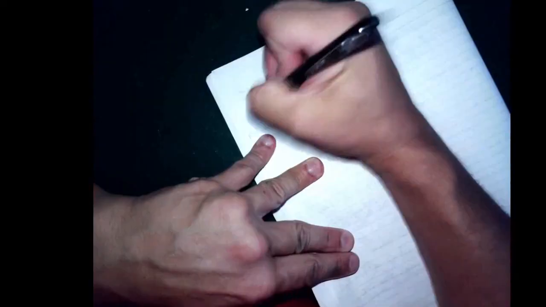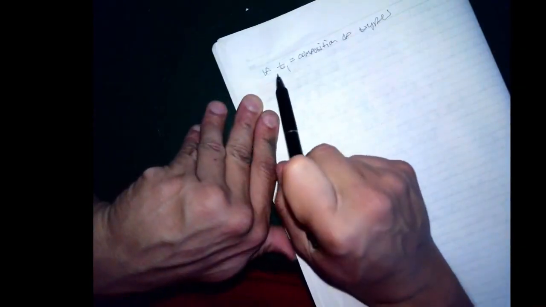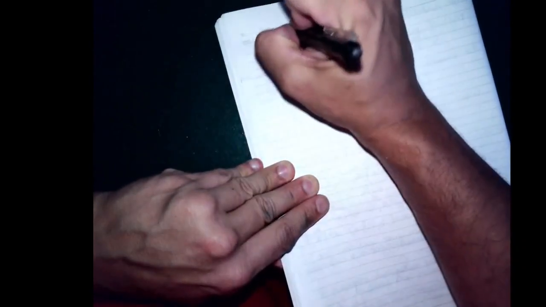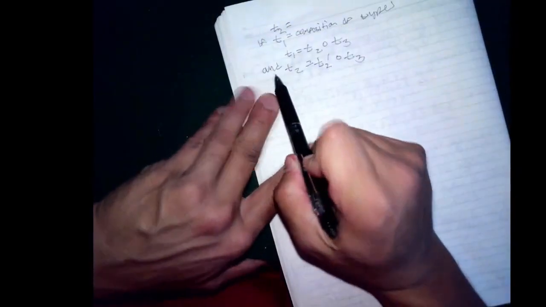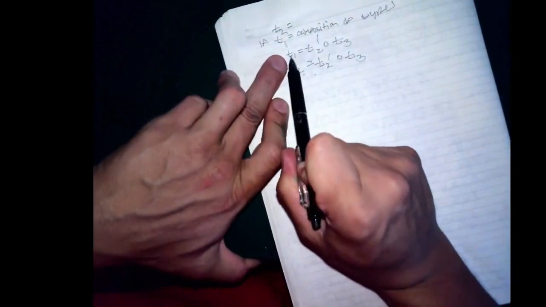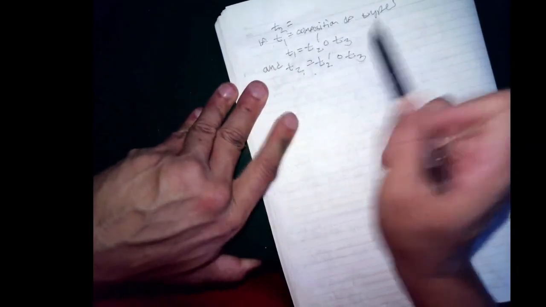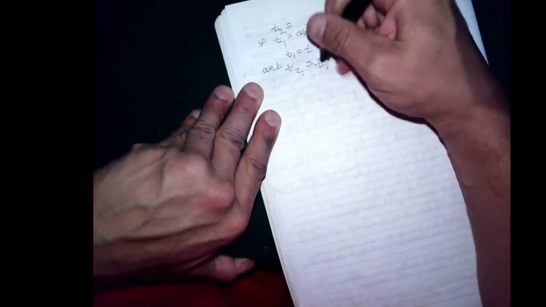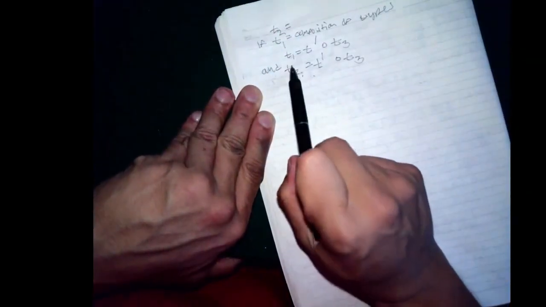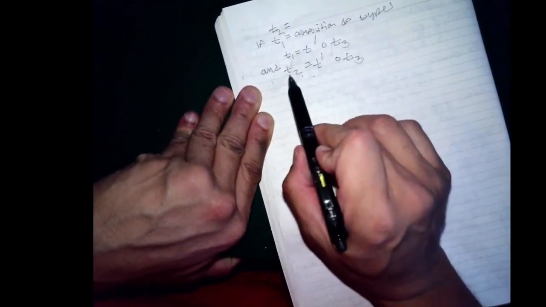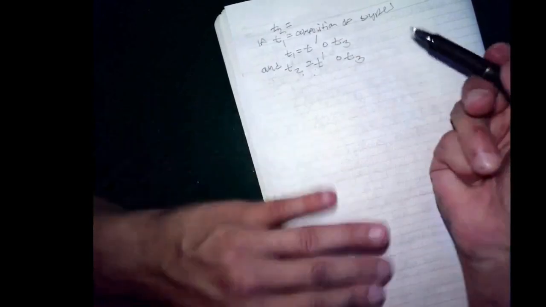So if T1 equals the composition of types, that is to say T2 and T1 equal the composition of types, that implies that T1 equals T prime O T3 and T2 equals T prime O T3.